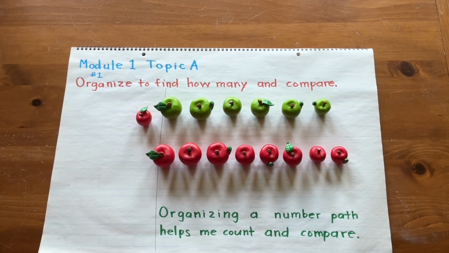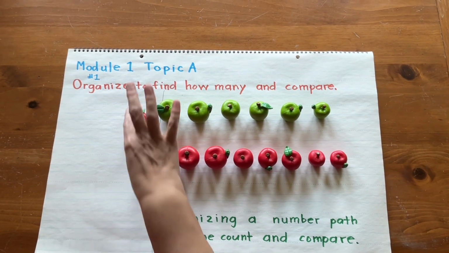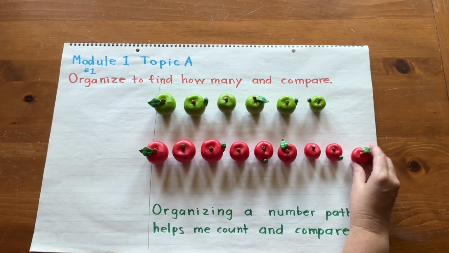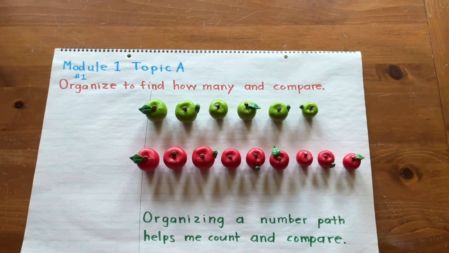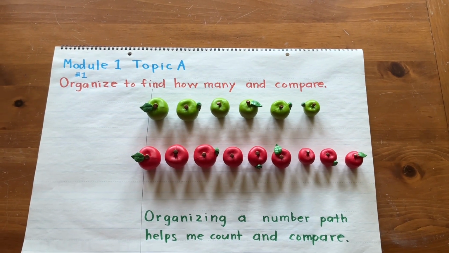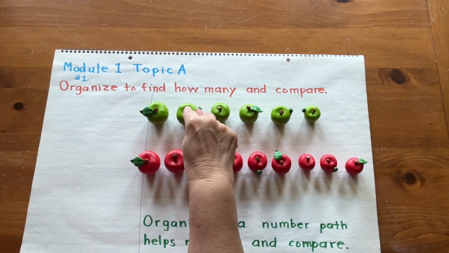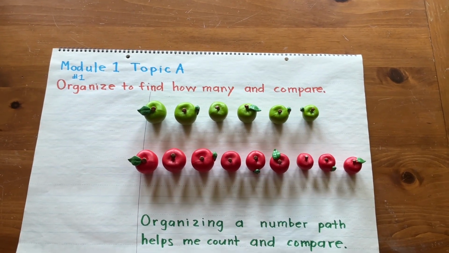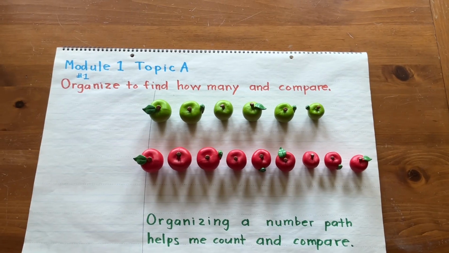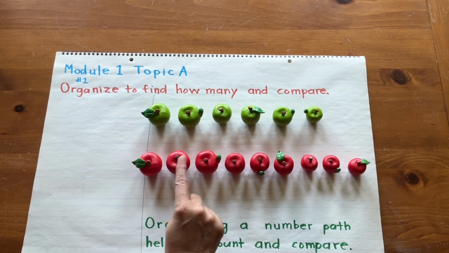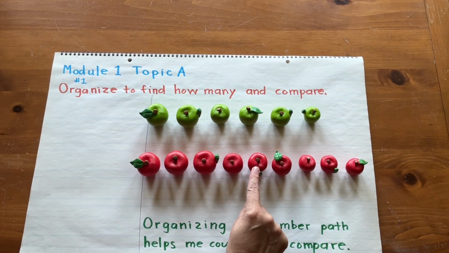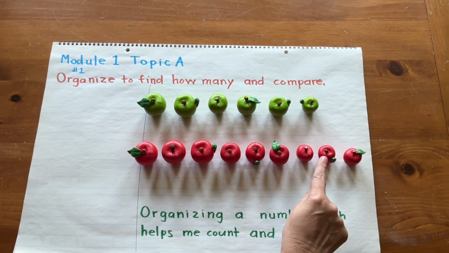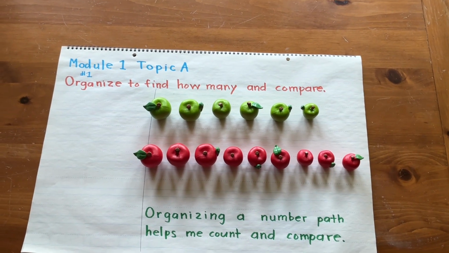Then the scholars will look at it. Whoop, almost forgot one. How many green apples? 1, 2, 3, 4, 5, 6. How many red apples? 1, 2, 3, 4, 5, 6, 7, 8, 9.